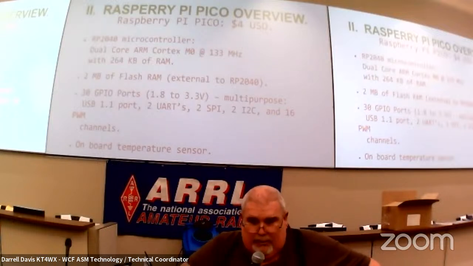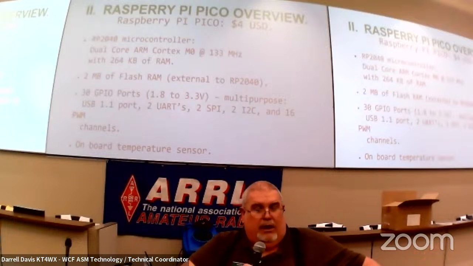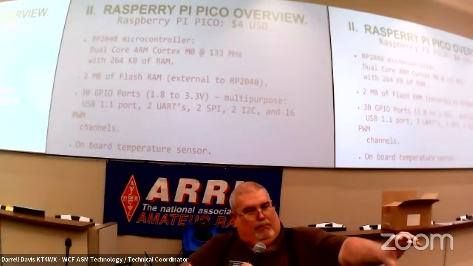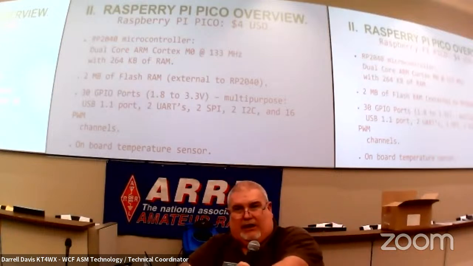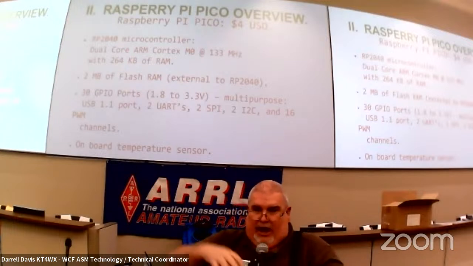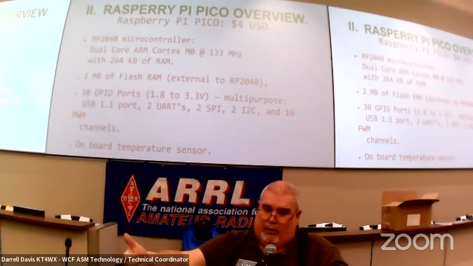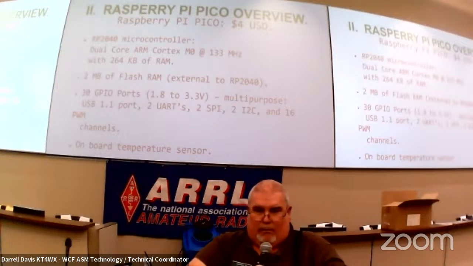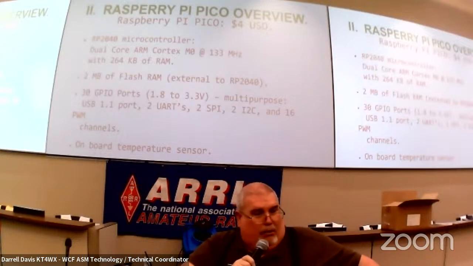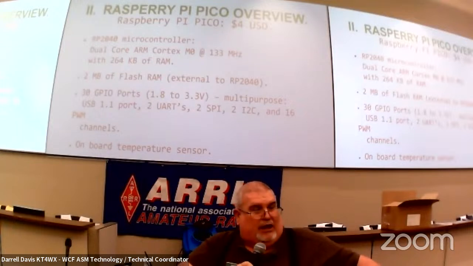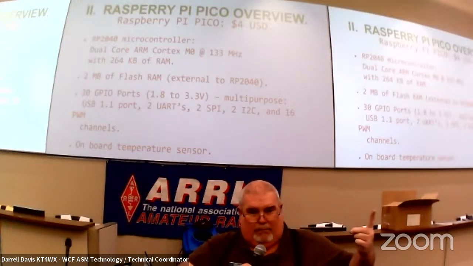It has to be external. That was the way they developed it. Many modern microcontrollers on the market have program memory, flash, and then scratch pad, that's static RAM that's separate. Static RAM is for your data variables while it's running. Flash is for your program memory. Well, they didn't put any on the RP2040, but they did give you some nice features on that chip, a USB 1.1 port.